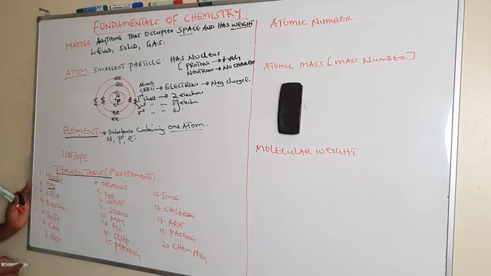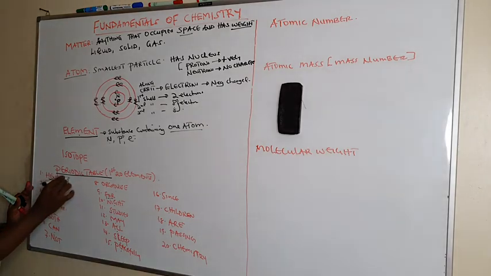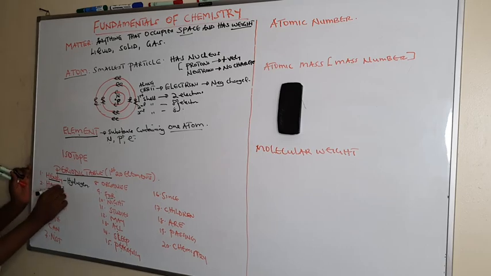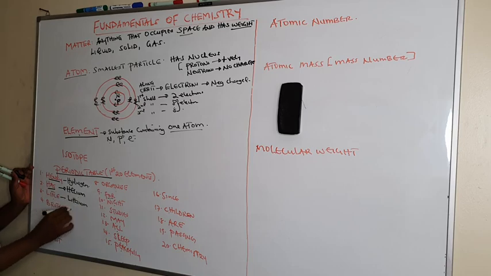That is the mnemonic, whereby Henry stands for hydrogen. This is hydrogen. Then has stands for helium. Little stands for lithium. Brothers stands for beryllium, which is abbreviated as Be.